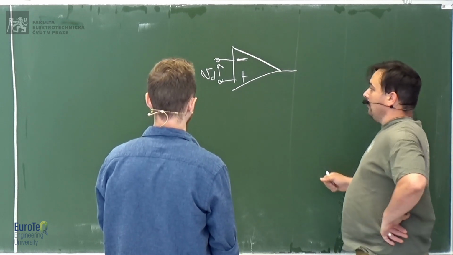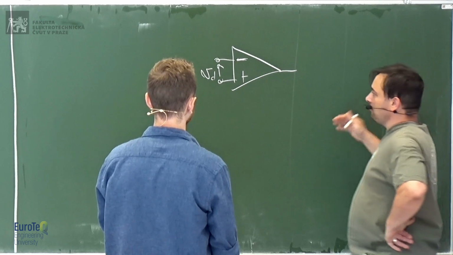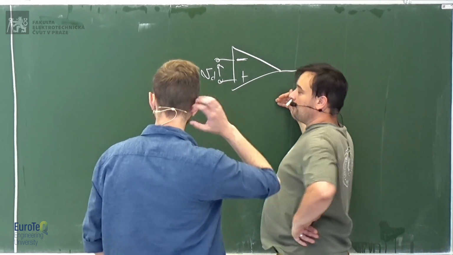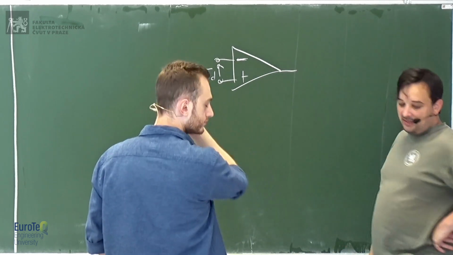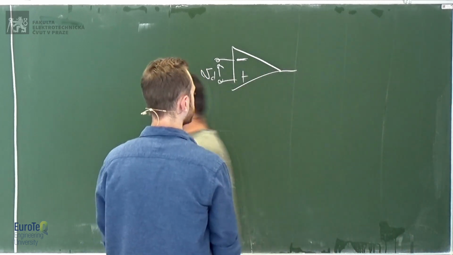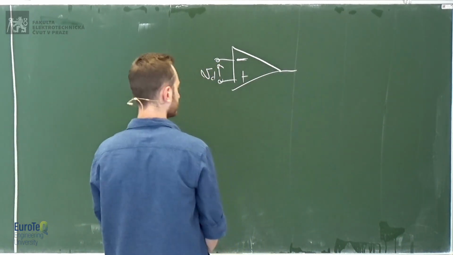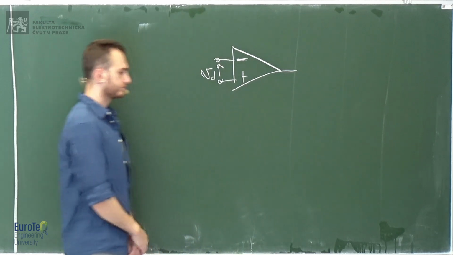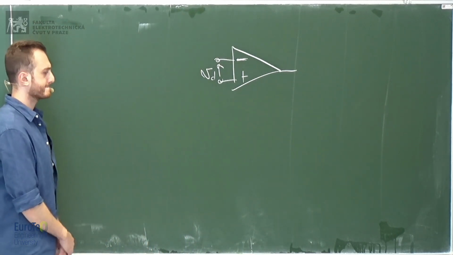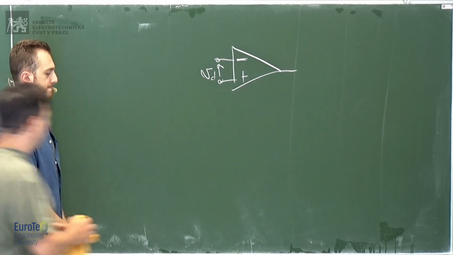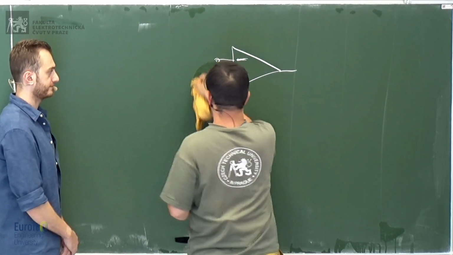Okay. Now we assume that the operational amplifier is already working properly, so it has already arrived at the point where VD is equal to 0. So we know that if we wait long enough... Oh yes, we learned about the slew rate.